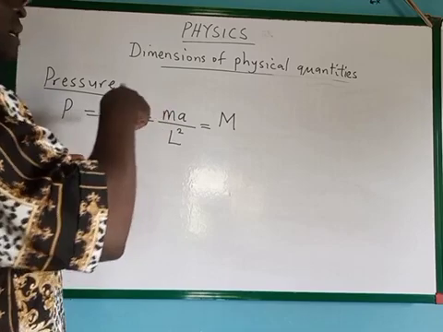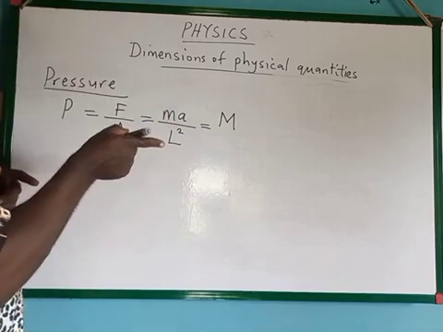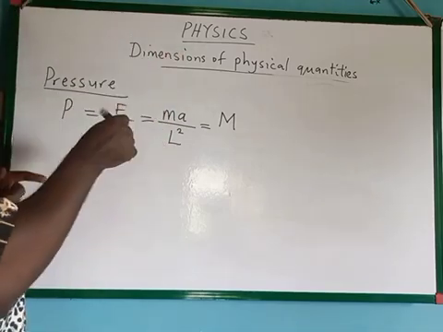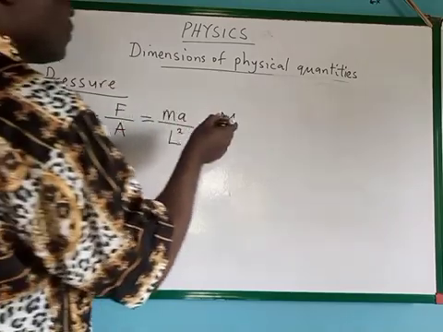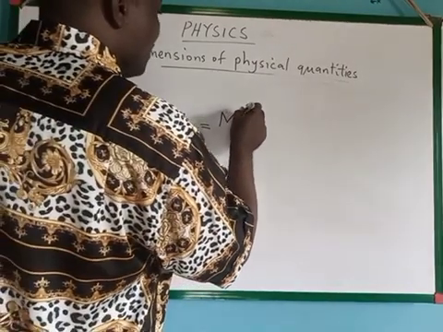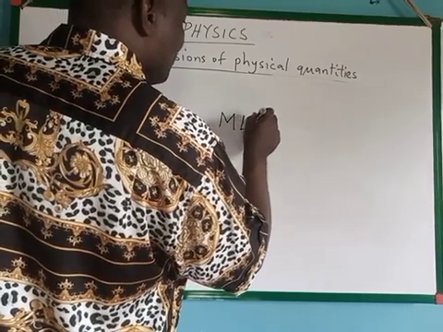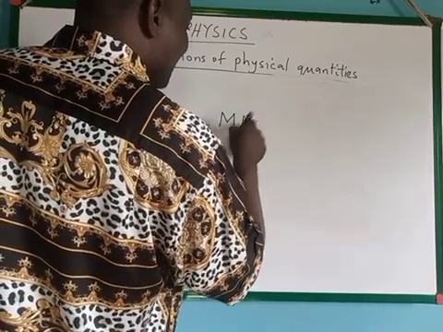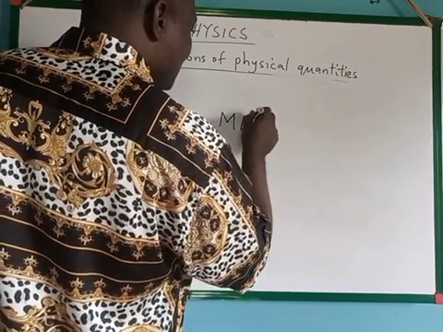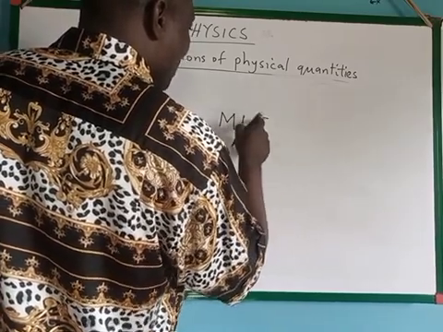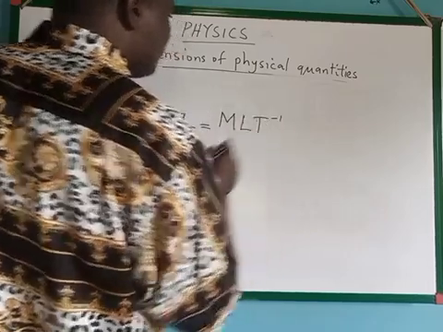What was the dimensioning of acceleration when we discussed? Velocity all over time. And velocity, we have what? Distance, meter, that is distance all over time, time raised to power minus 1.